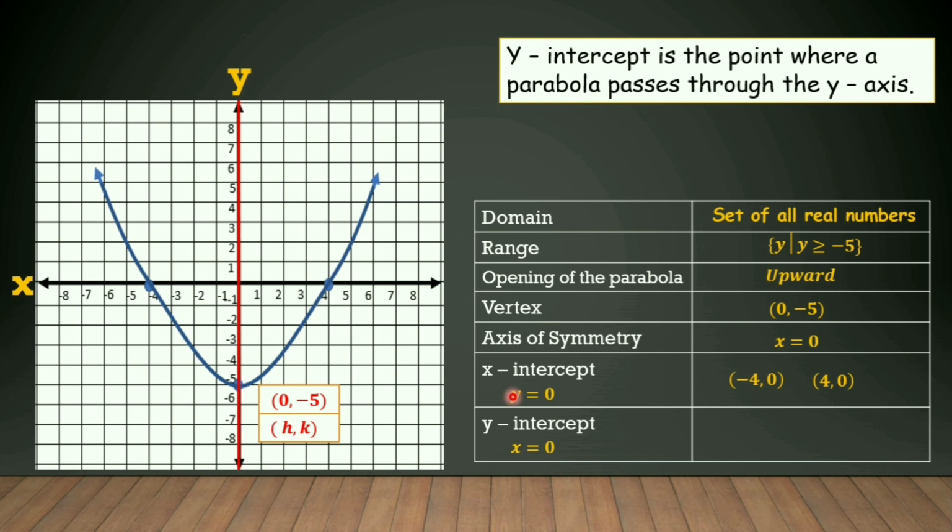So, kung kanina sa x-intercept ay y is equal to 0, dito naman sa y-intercept, ang x natin ay 0. And since yung point na dinaanan ng parabola dito sa y-axis is negative 5, so our y-intercept is (0, -5). 0 because yun yung x natin and yung y natin is negative 5. Okay, so that's how you will answer learning task number 1.